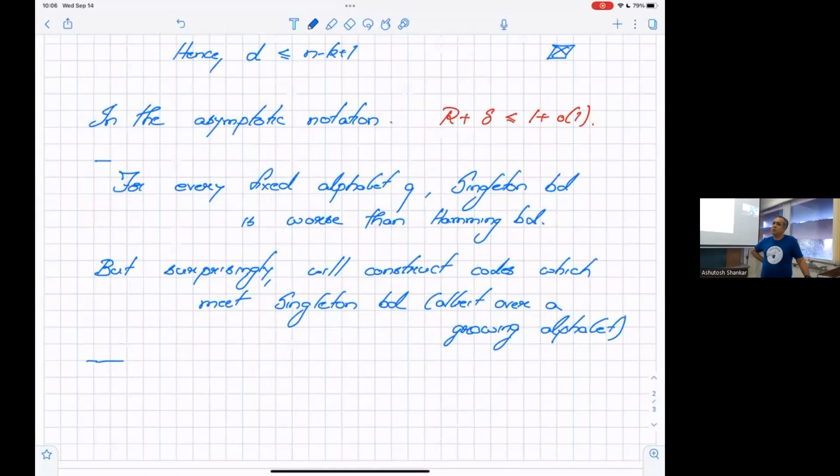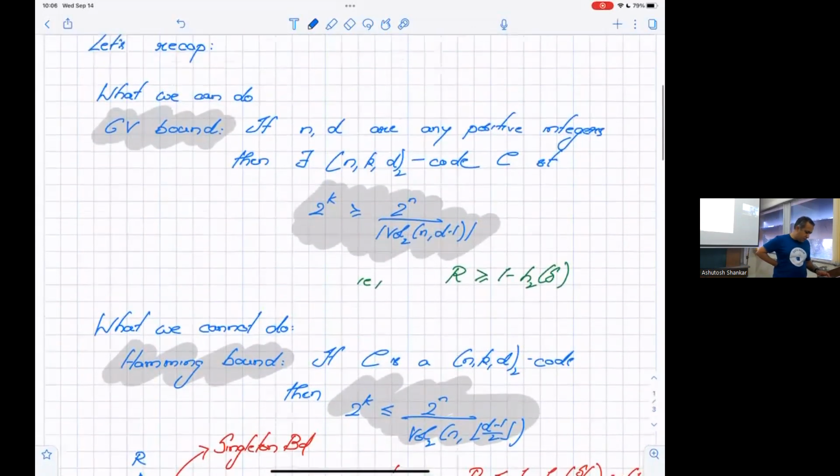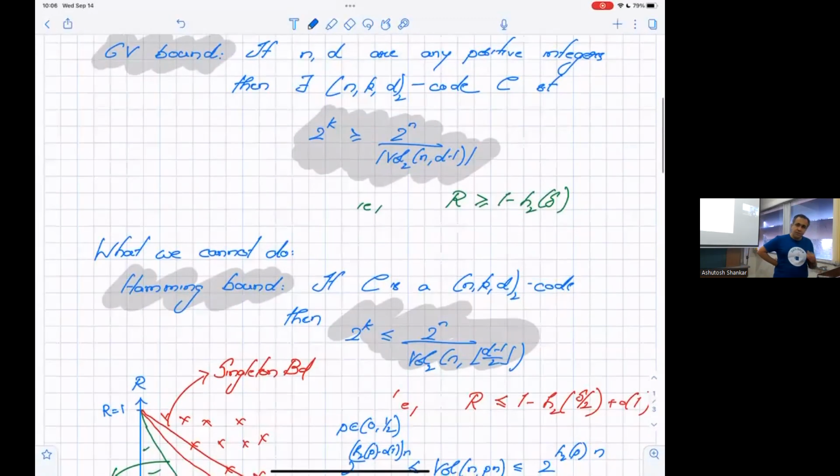In the sense, the Hamming bound, this bound will hold. Rather, this will be q to the k, q to the n, volume of the ball. No asymptotics has been introduced so far. And the claim is, yes, what you're saying is true.